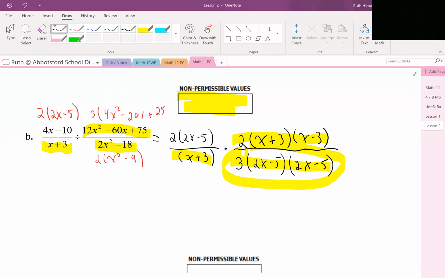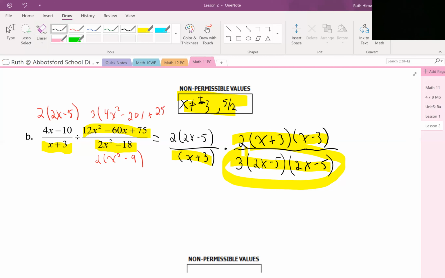Okay, so looking at those highlighted, my non-permissible values, what can't x equal? Well, it can't be -3. Over here, it can't be 5/2. Same thing. Can't be -3, said it, can't be +3. So can't be plus or minus 3, and it can't be 5/2.